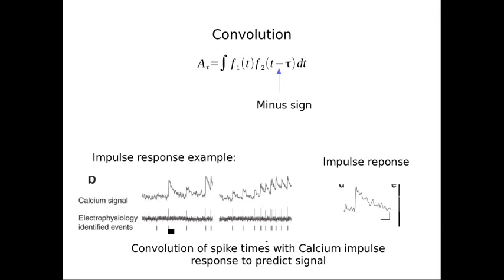So if you take these spike times and convolve them with the impulse response, you'll get the expected calcium signal. And the reverse process called deconvolution would try to go the opposite way and to try to figure out the spike times based on the calcium signal you see here.